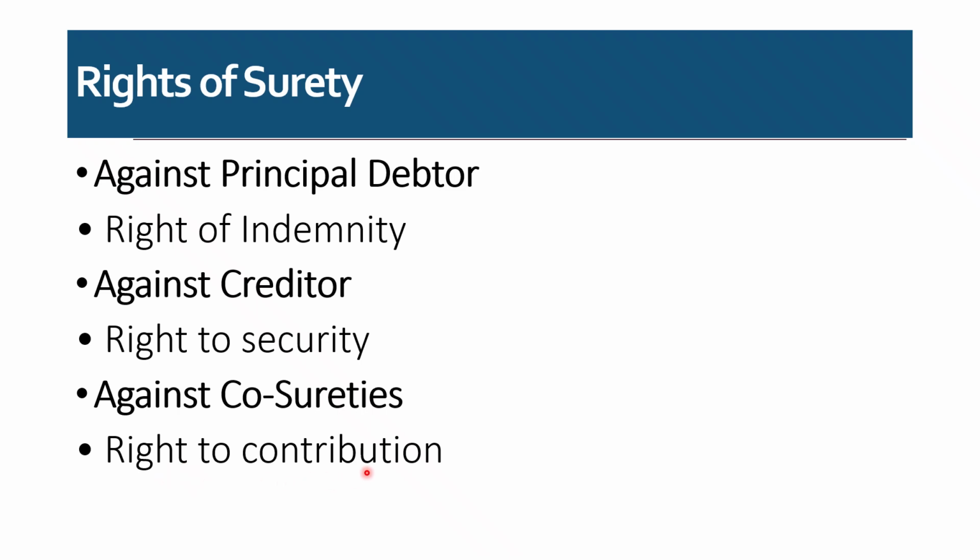When multiple sureties exist, all contribute equally unless the contract states otherwise. For example, A, B, C are co-sureties for rupees 90,000, so each contributes rupees 30,000. These rights ensure that the sureties are treated fairly and are not exploited financially.